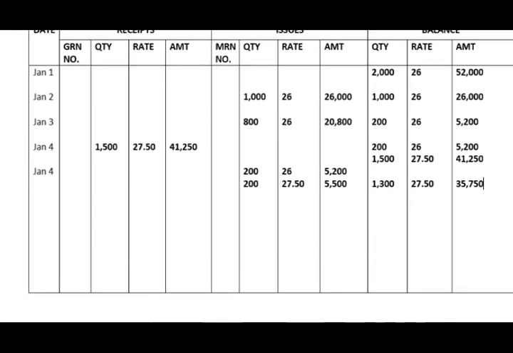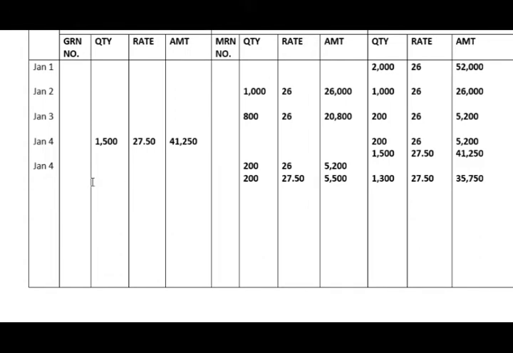Again, when we go to the next date, that is on January 5, there's a further issue of 320 units. We already have 1,300 with us. We'll issue from that at the rate of 27.50.